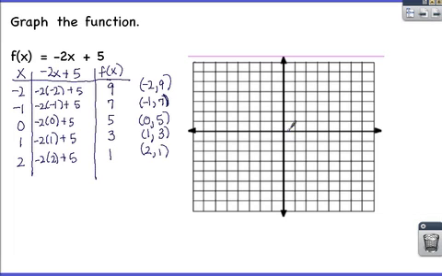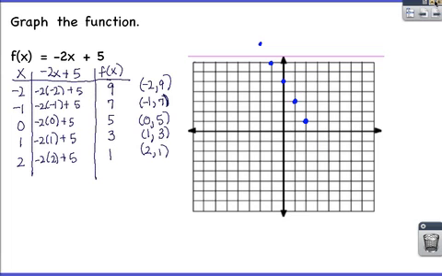And now we plot those ordered pairs. Negative 2, 9, 1, 2, 3, 4, 5, 6, 7, 8, 9. It's off this grid. Negative 1, 7, negative 1, 1, 2, 3, 4, 5, 6, 7. 0, 5, 1, 3, and 2, 1.